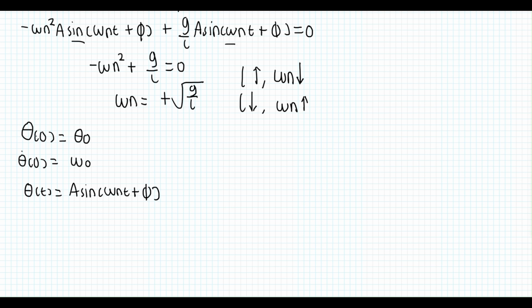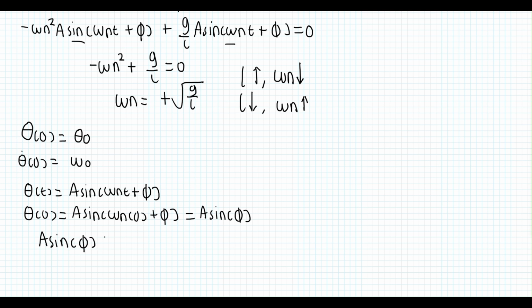And with that, we know that theta at time t equals 0 is equal to a sine omega n times 0 plus phi, and that is just equal to a sine of phi, which is again equal to theta naught.